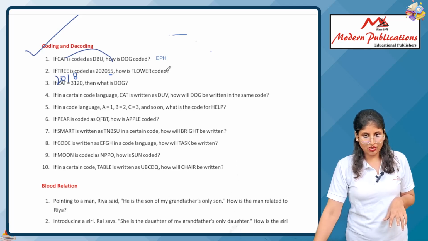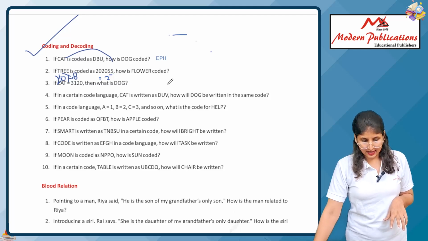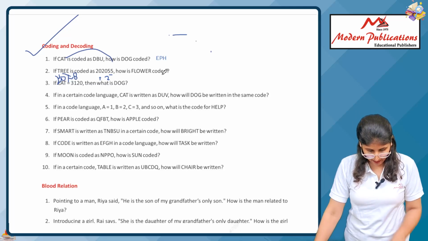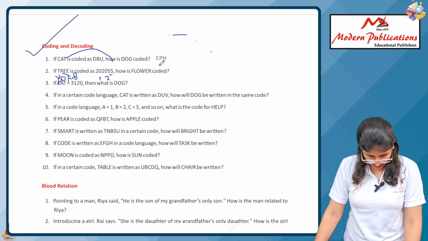Yes, it is mentioned, so it is written like that. We can see first is 20, R is written as 18, so it's plus 2. We can see in the second letter we can do plus 2, and the rest of the things we can write as they are.